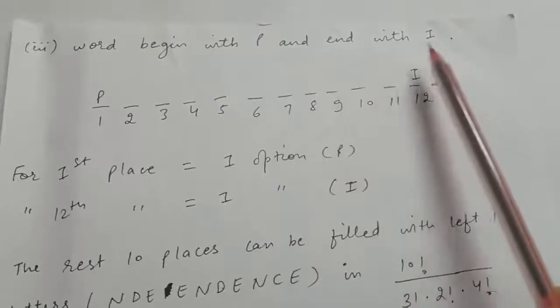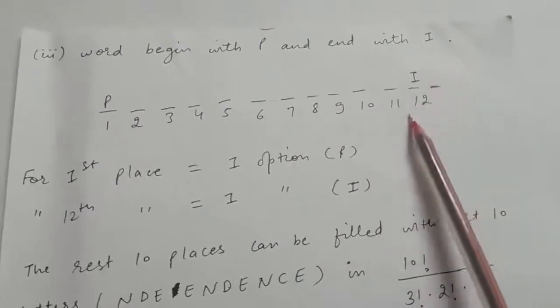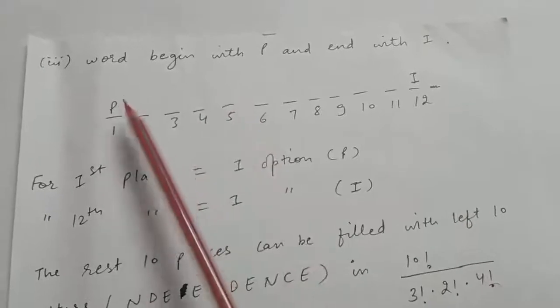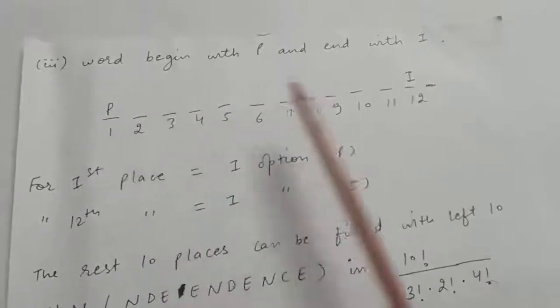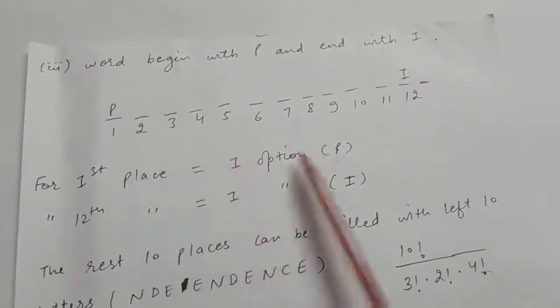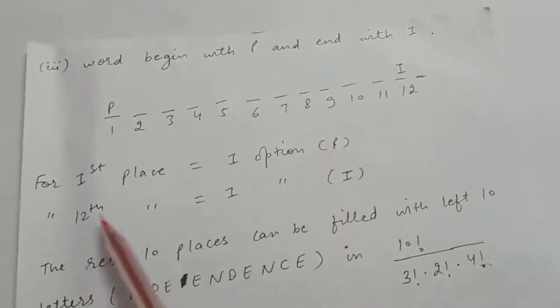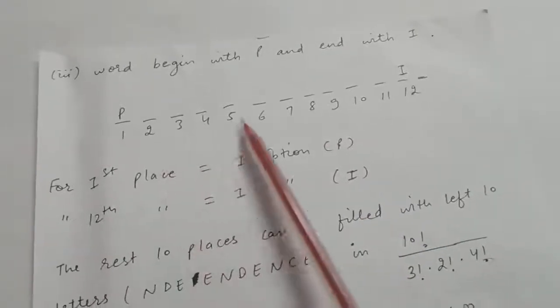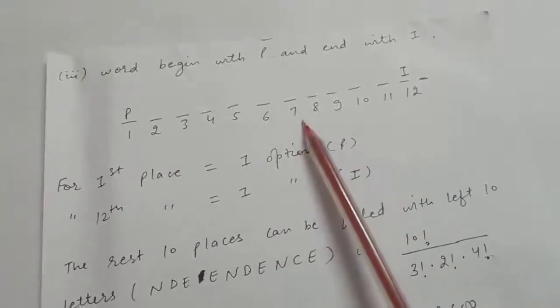Now for the same word independence, if they ask you the number of arrangements so that the word starts with P and ends with I. So I have already told you that independence consists of 12 letters. They have asked the word should start from P and end with I. Therefore, for the first place we have one option P, and for the last place, that is for the 12th place, also we have only one option, that is I. Now we are left with 10 letters and also 10 places.